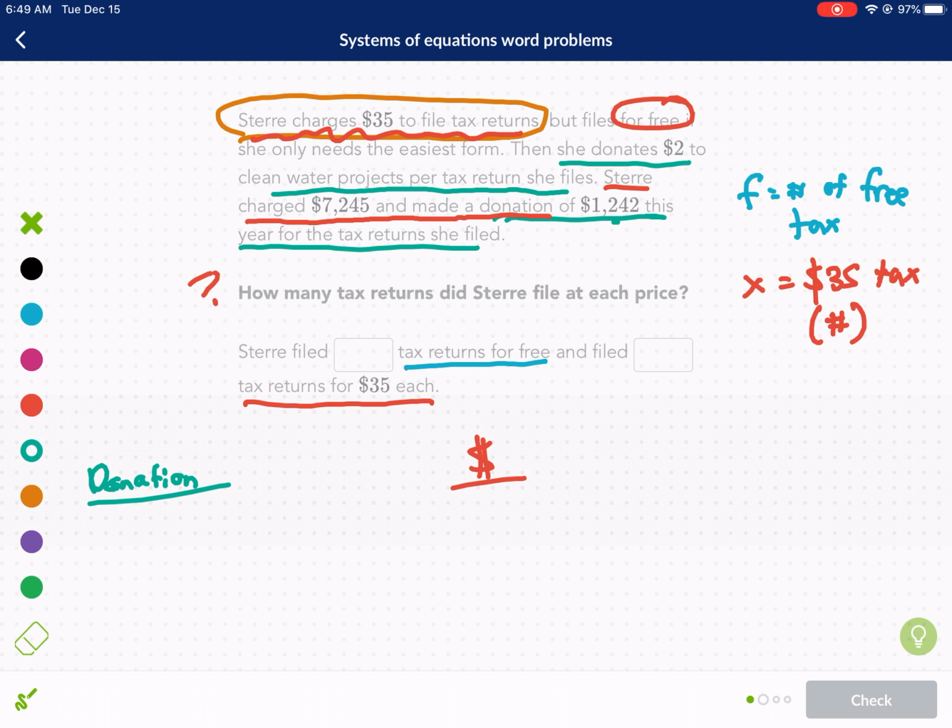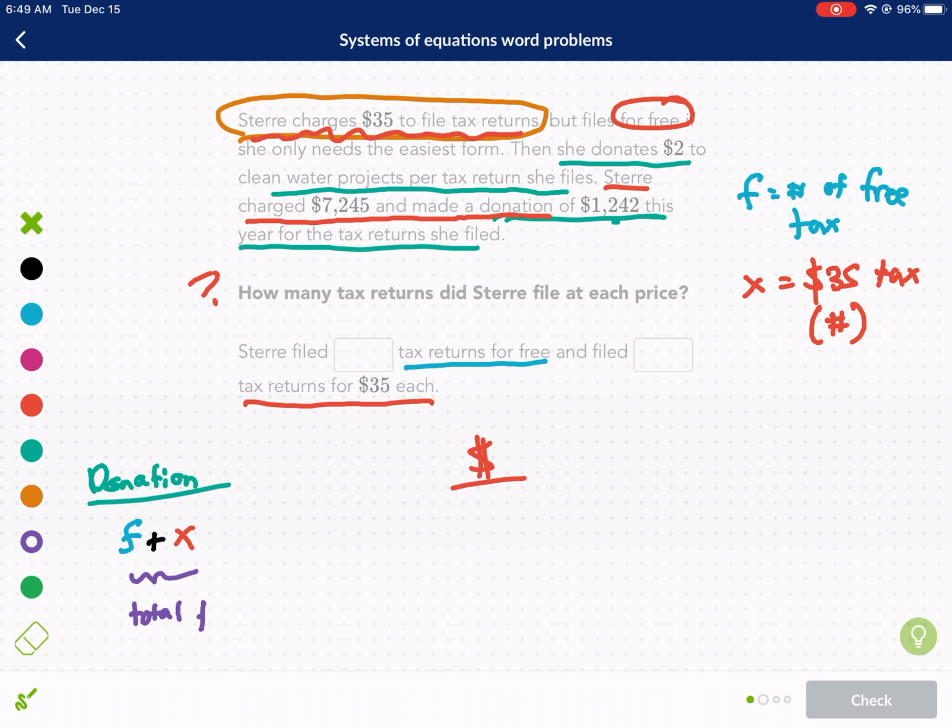For donation, no matter what tax return she makes, whether it's F or X, F plus X represents the total tax returns.